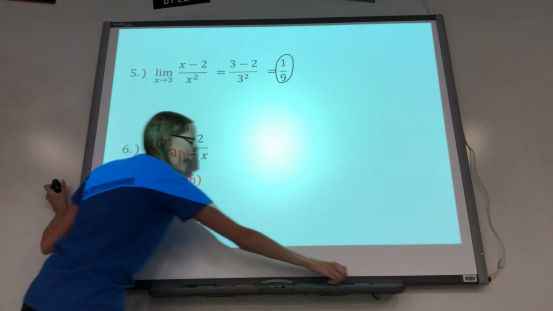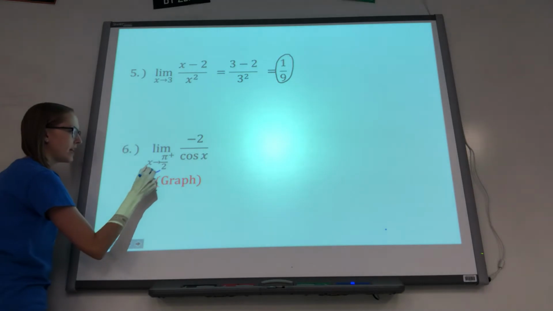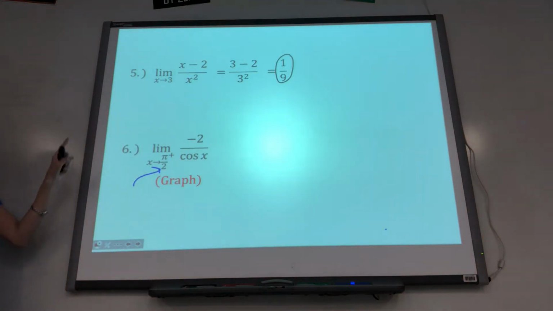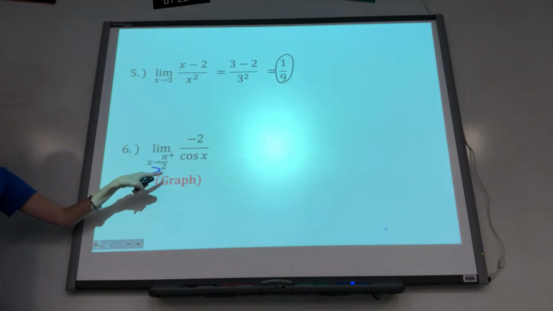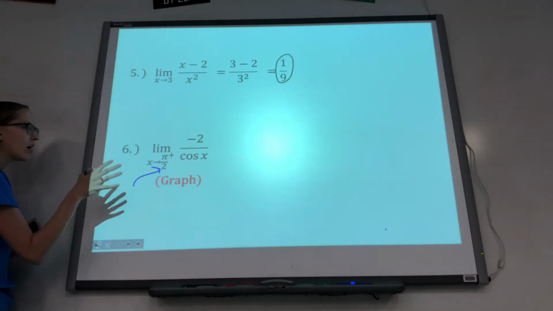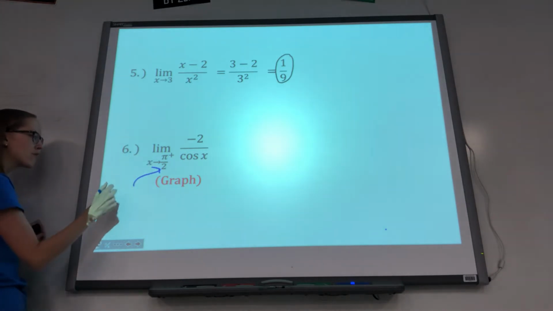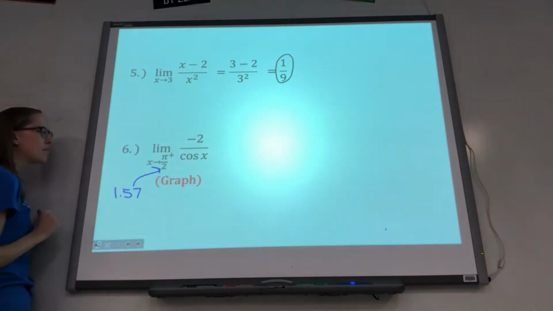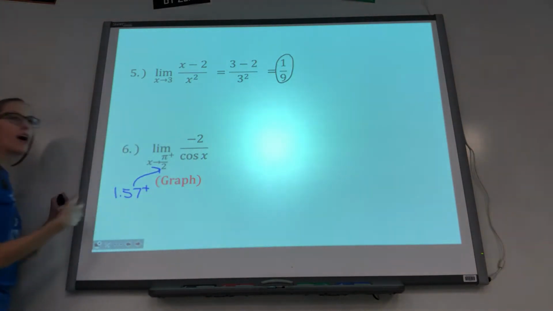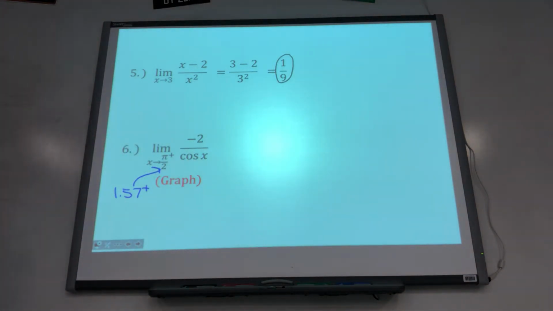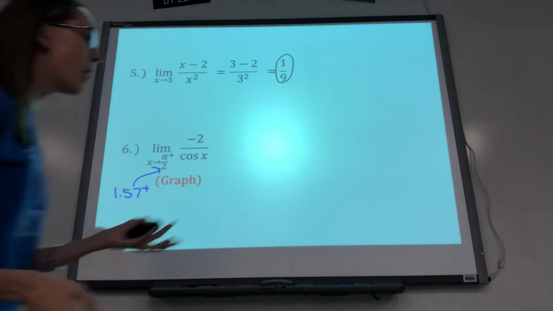Now, I will say, just a little note here, when you look at the graph, if pi is 3.14-ish, then pi over 2 is about 1.57. So you may want to think of it more as approaching 1.57 from the right.